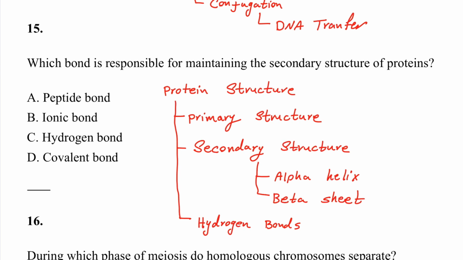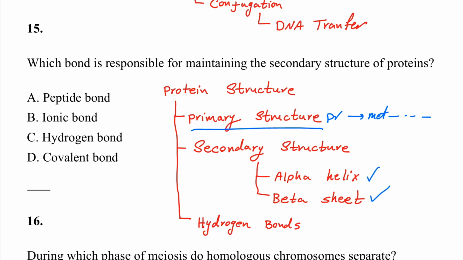Proteins have multiple levels of structure. The primary structure of protein is simply the amino acid sequence, like methionine and so on. Secondary structure refers to alpha helix and beta sheet.